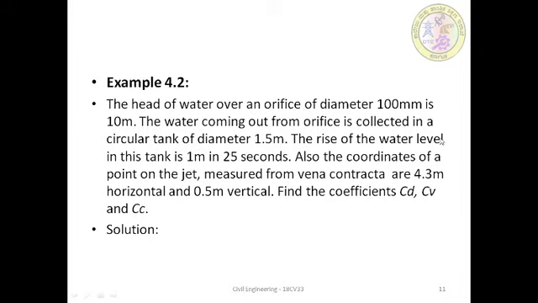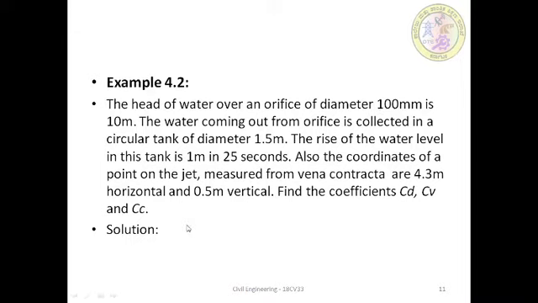The rise of the water level in the tank is 1 meter in 25 seconds. Also the coordinates of a point on the jet measured from the vena contracta are 4.3 meter horizontal and 0.5 meter vertical. Find the coefficients CD, CV and CC.